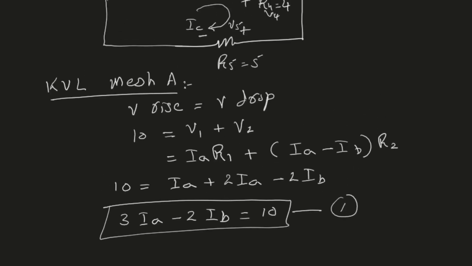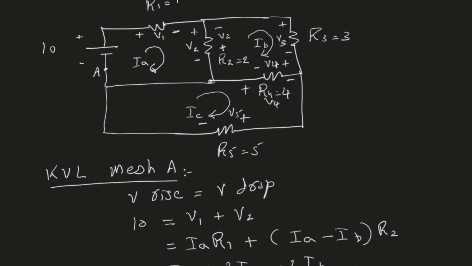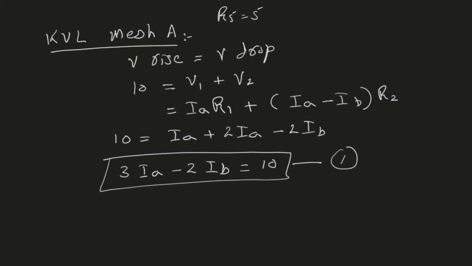One thing you should notice is that there is no IC in this equation. The reason is that we don't have a resistor over here. If we had a resistor over here, then we would have a voltage term that involves IA and IC together, and therefore we would have a coupling between these two. But because we don't have a resistor over there, equation 1 does not have IC.